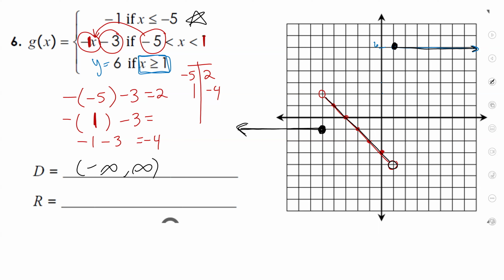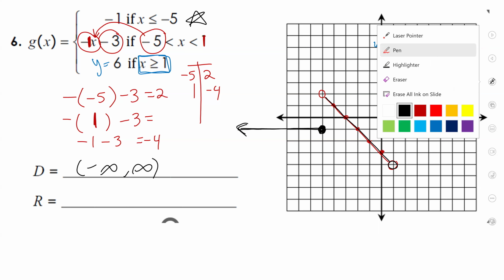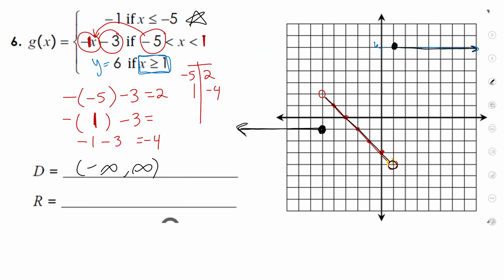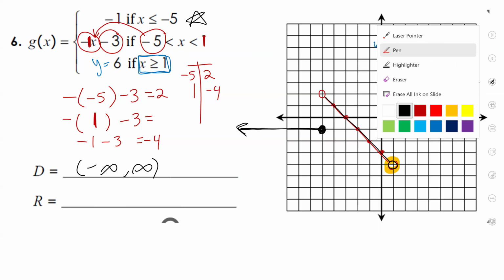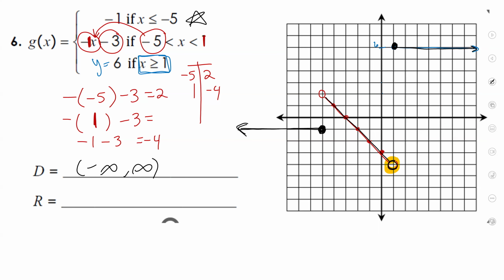Okay, now let's do the range. We start at the very bottom for the range. So let me use a highlighter. I start down here. Where is that? -4. Can I include -4? It's an open circle. So what do I write?